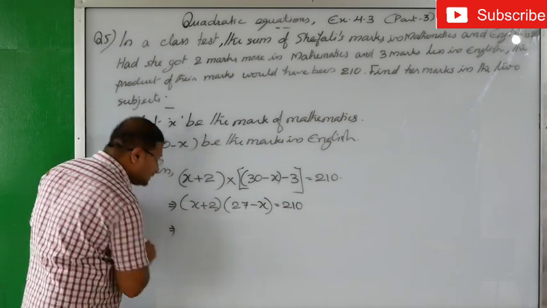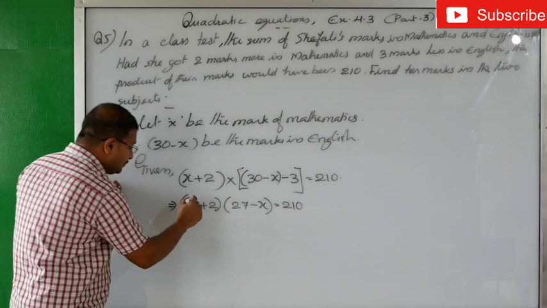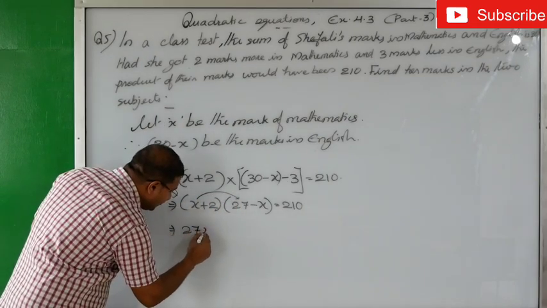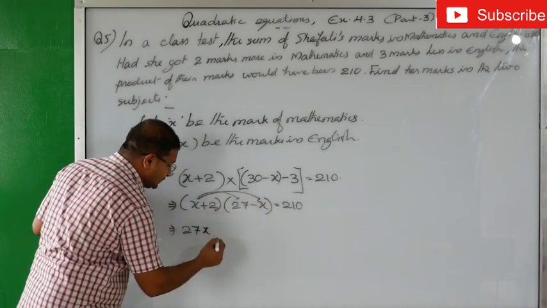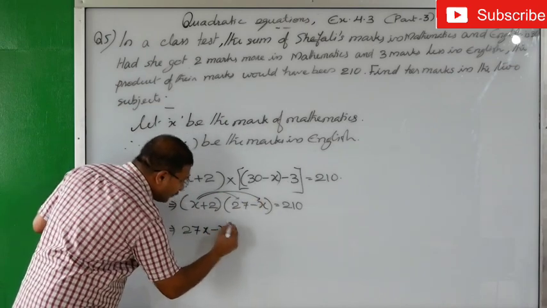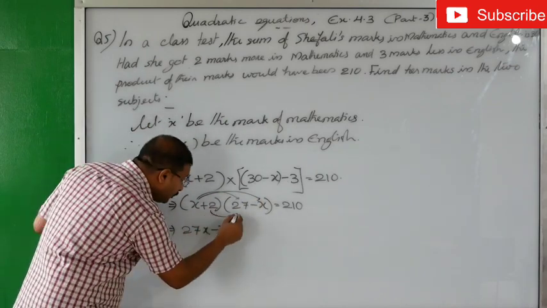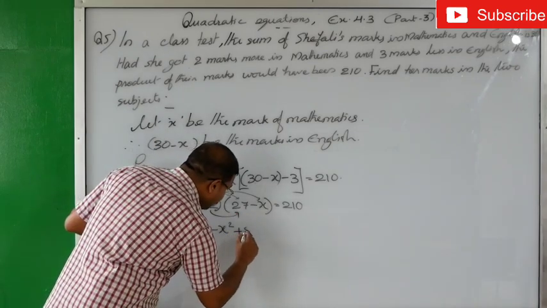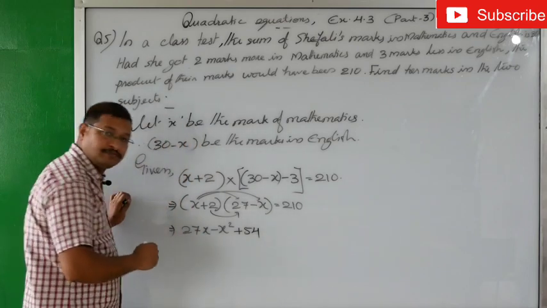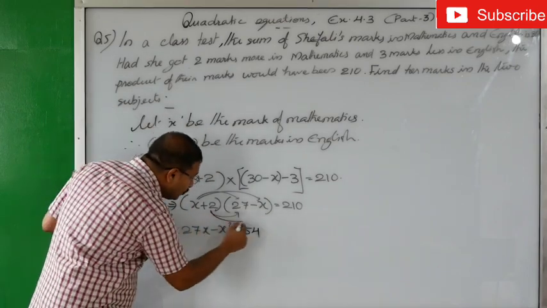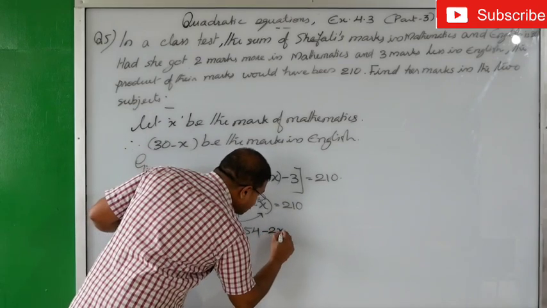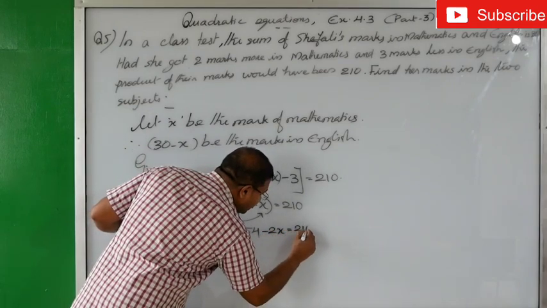Now we'll open it: x into 27 is 27x, x into minus x is minus x square, 2 into 27 is plus 54, and 2 into minus x is minus 2x, equals 210.